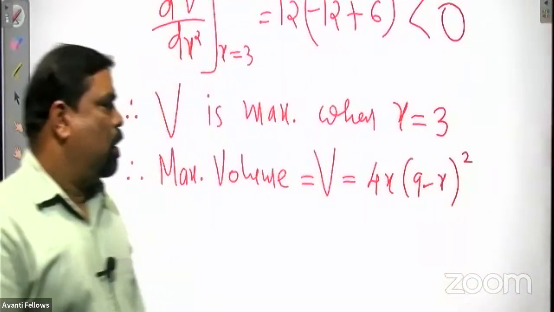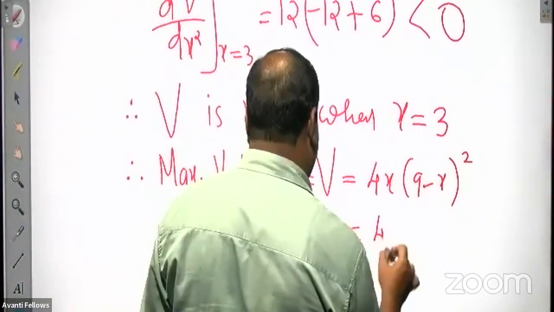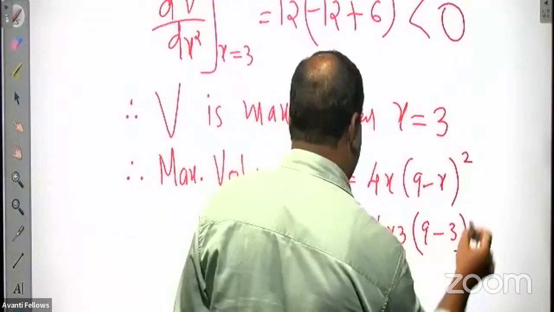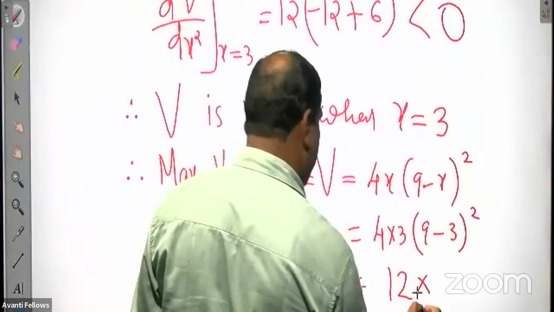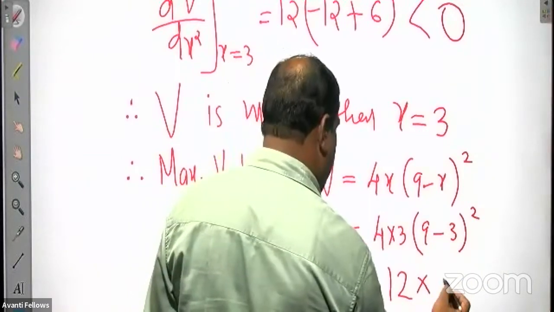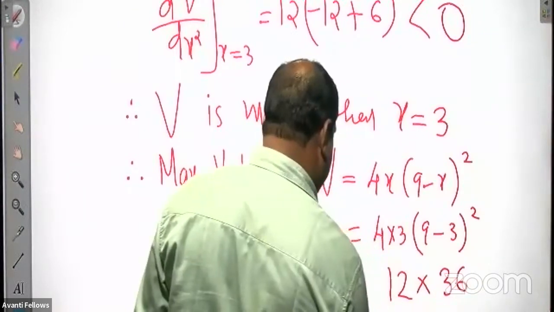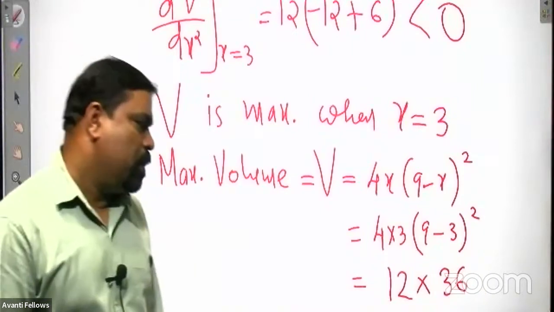Clear? So for maximum volume you have to put x equal to 3. So 4 into 3 into (9 − 3) the whole square. 4 into 3 is 12, into 9 minus 3 means 6. 6 square is 36.